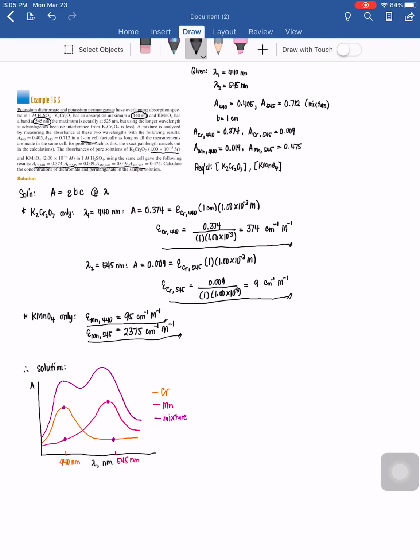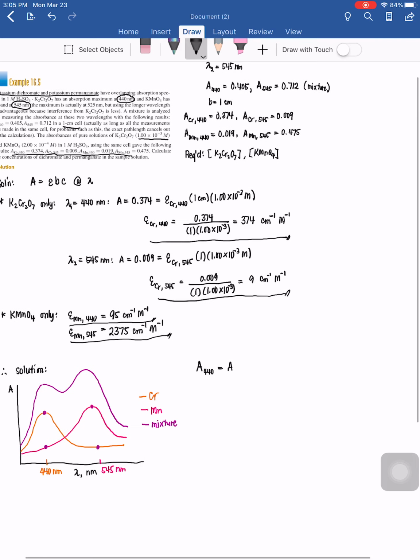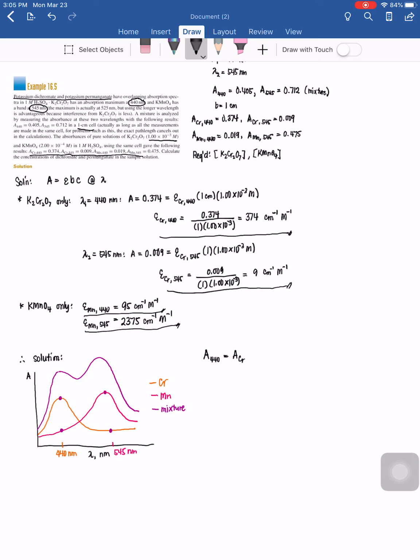Now, absorbances are additive. That means to say that the total absorbance at any given wavelength, let's say at 440 nanometers, should just be equal to the contribution of the dichromate at that wavelength plus the absorbance of your permanganate at that same wavelength.